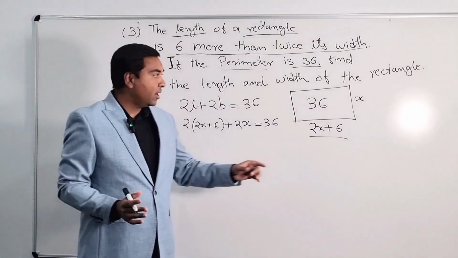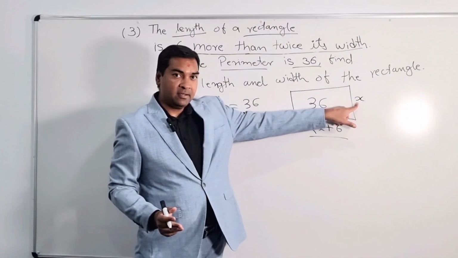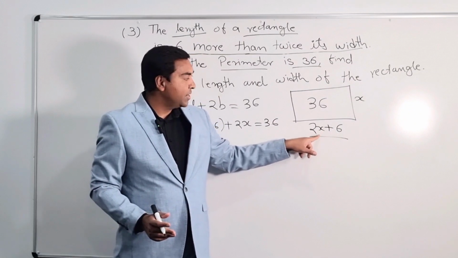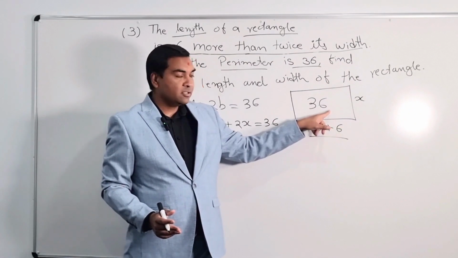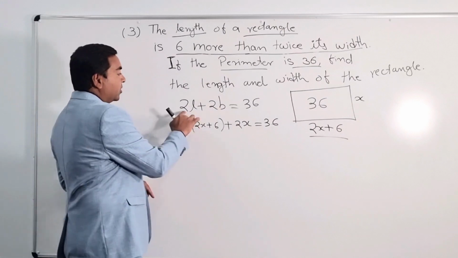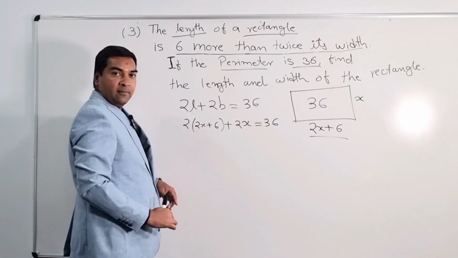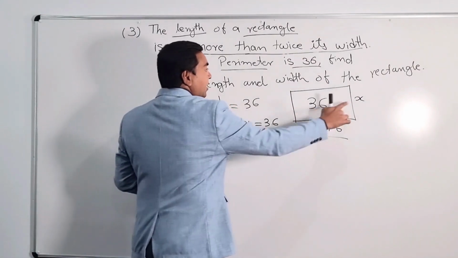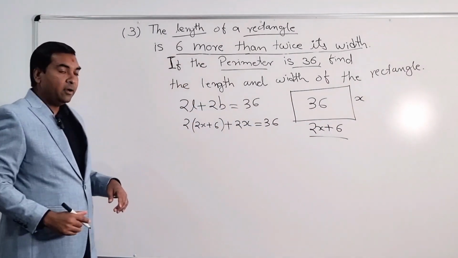What did we do so far? My width is x. My length is going to be 6 more than twice the width. So 2x plus 6. Perimeter is 36. Perimeter is nothing else but 2l plus 2b equal to 36. Length is 2x plus 6, which I substituted. Width equal to x. I put it down here.